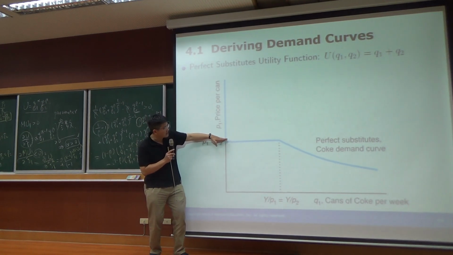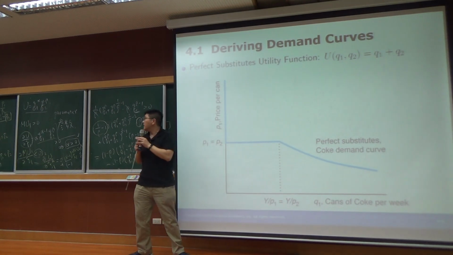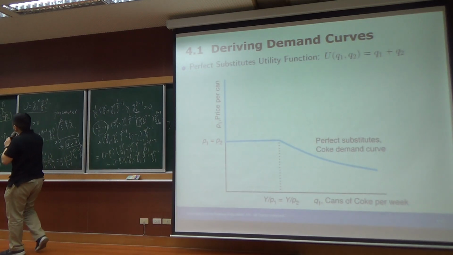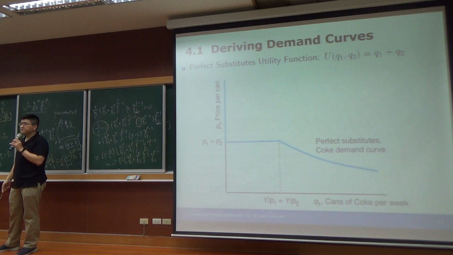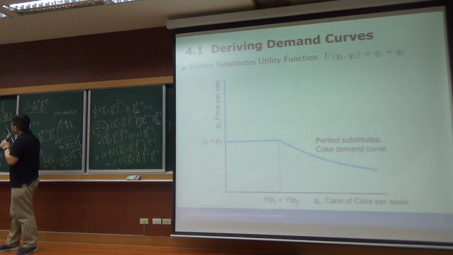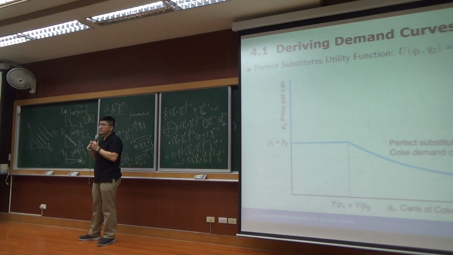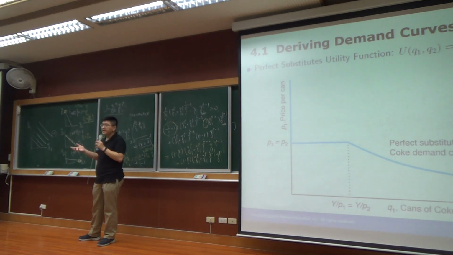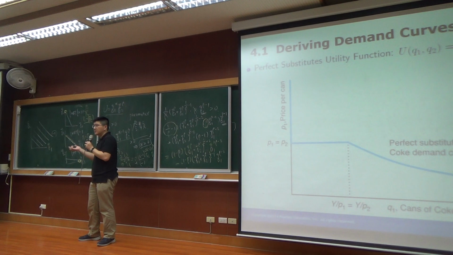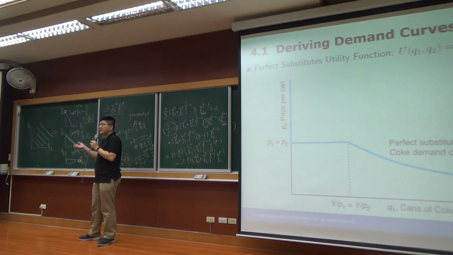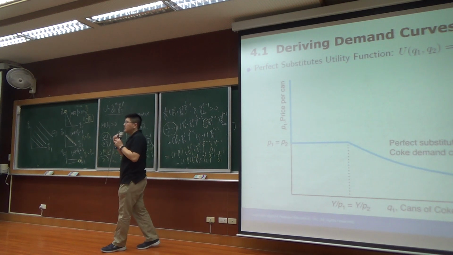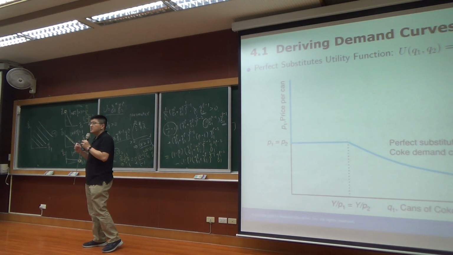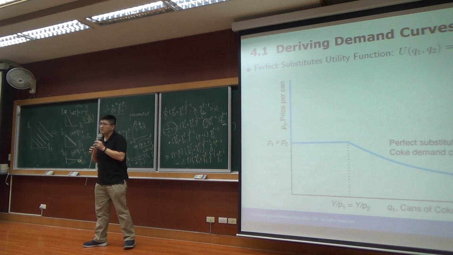As P1 is higher than P2, just like the first case, as P1 is higher than P2, so we spend all money on good 2, right? Not $1 on good 1. We spend 0 on good 1. So we buy none of good 1, okay?